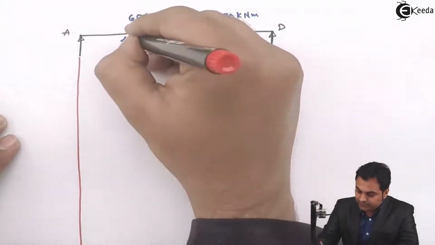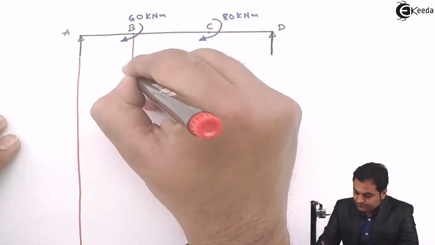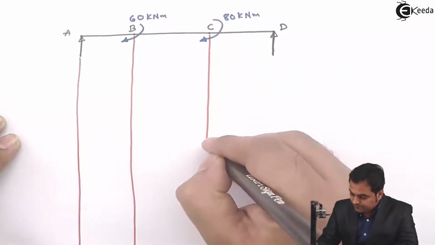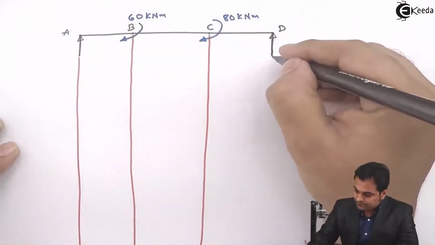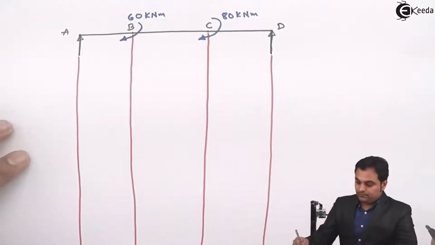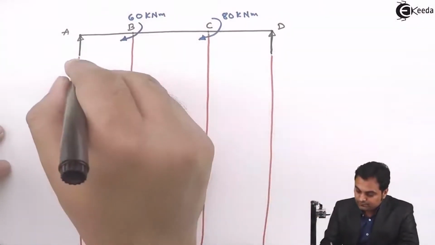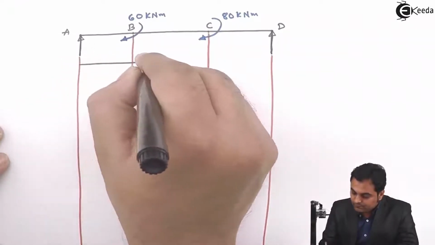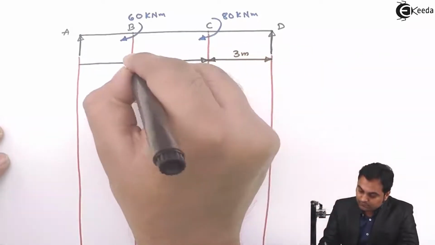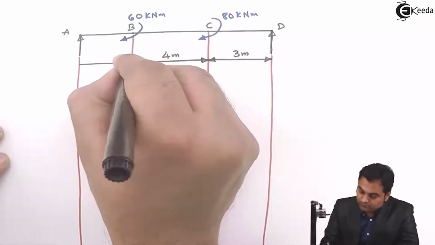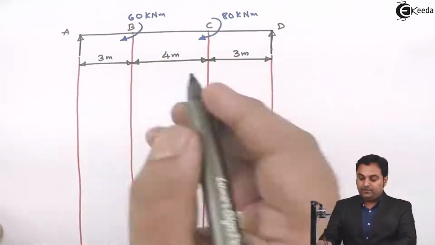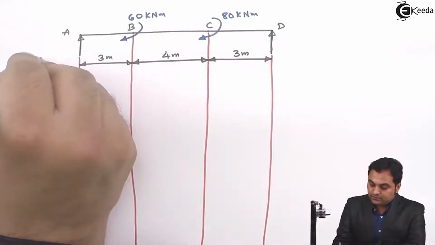Here I'm projecting the points downwards. Now, this is the given beam, and here we have found out the reactions also.